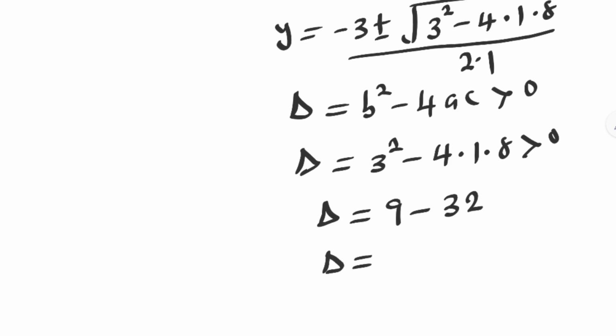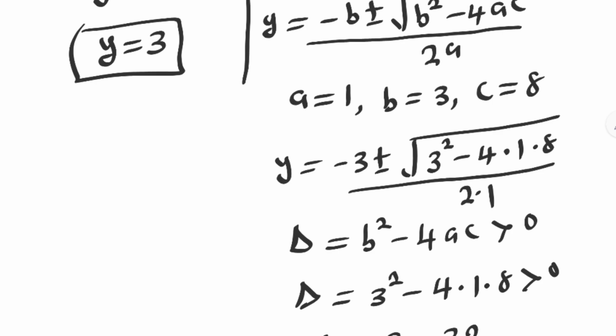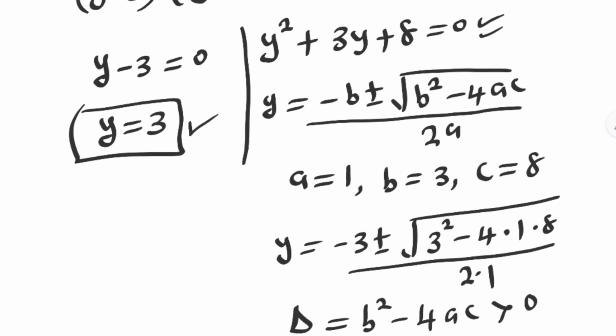D is equal to 9 minus 32, minus 23. And of course, minus 23 is less than 0 because we are going to have a complex solution here. So this is rejected. The only real solution we have is y is equal to 3.